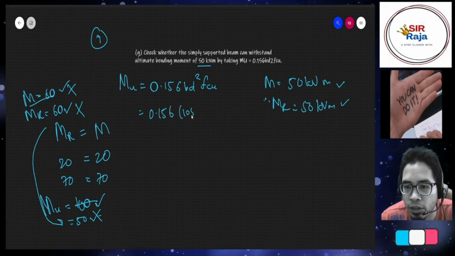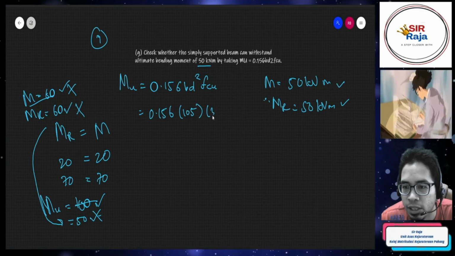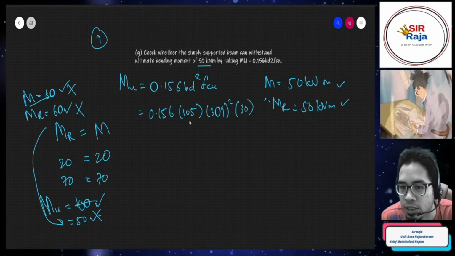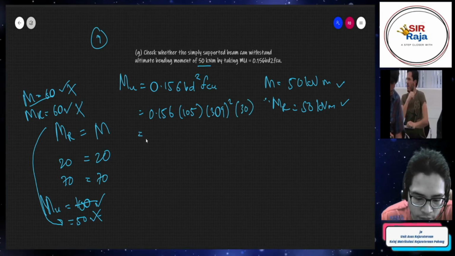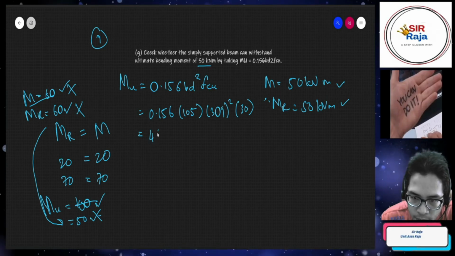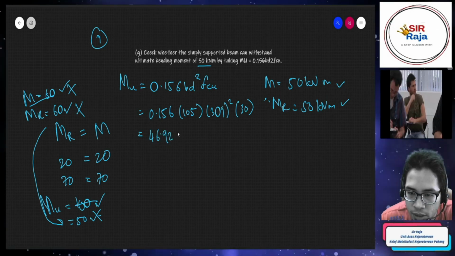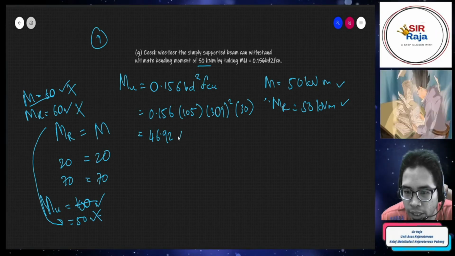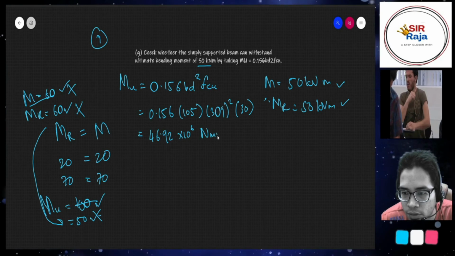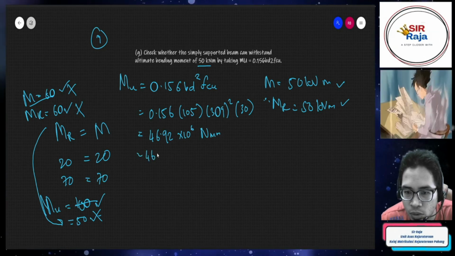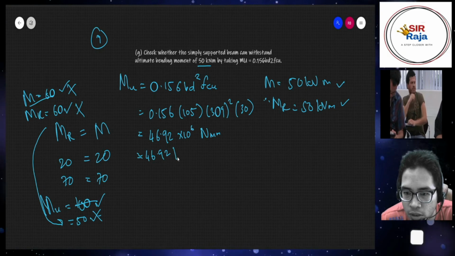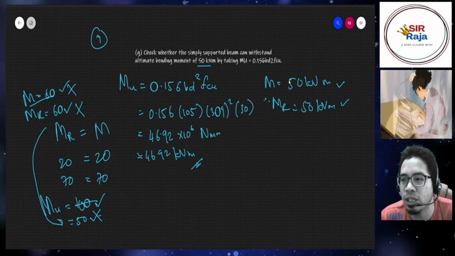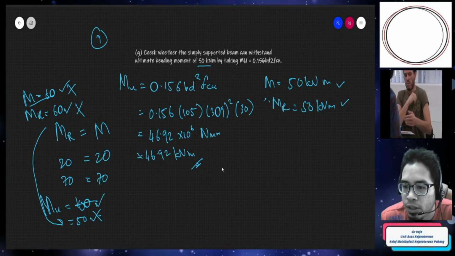So B is 105, D is 309 squared, and FCU is 30. Then you get 46.92 kilonewton meter. This is your actual resistance, but what you want to resist is 50. Therefore, you cannot.